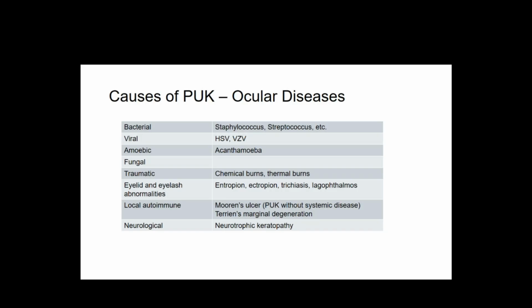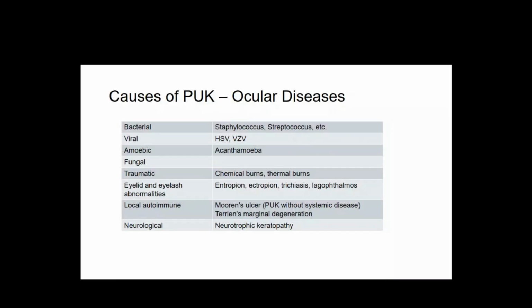While most infections affect the central cornea, it is still possible that in some cases bacterial, herpetic, or also amoebic infections may lead to peripheral involvement, and especially in patients who have hypersensitivity to Staphylococcus antigens, we sometimes see peripheral lesions.